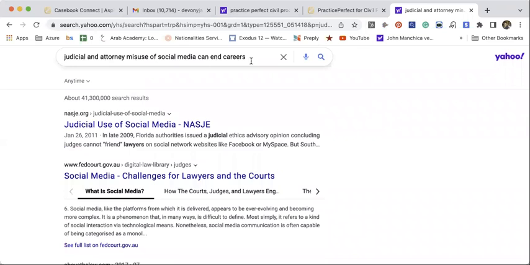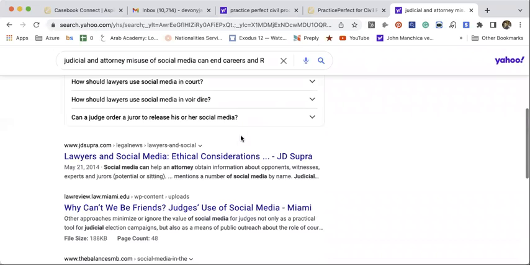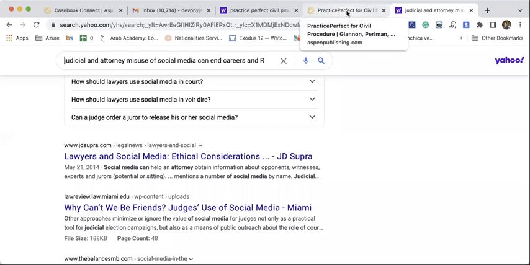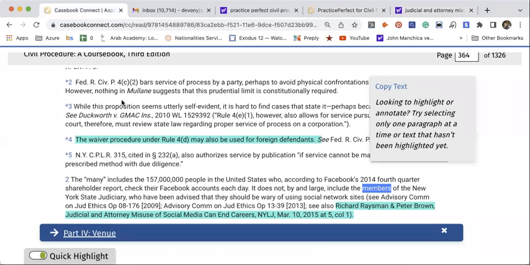Richard Reisman. Let me just make a note here to look for this document.